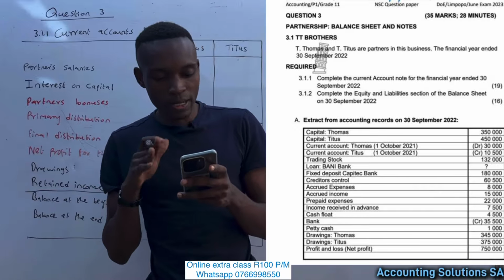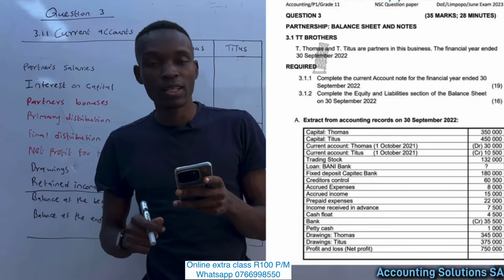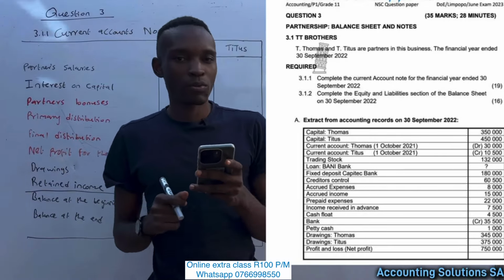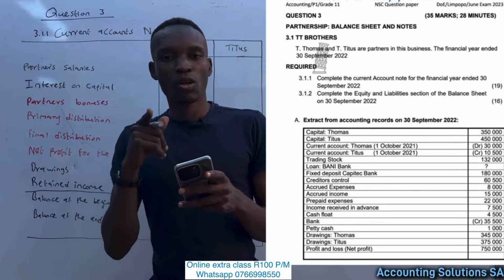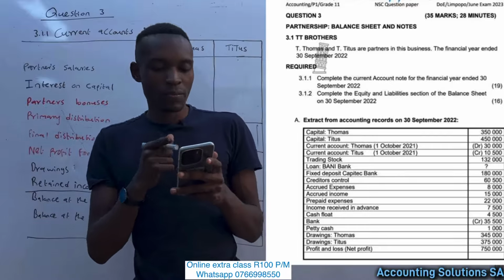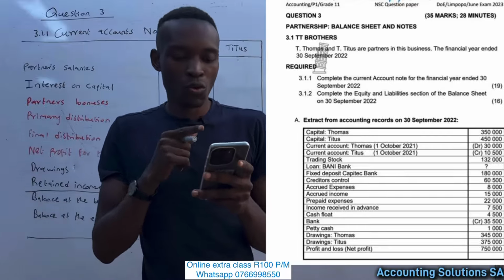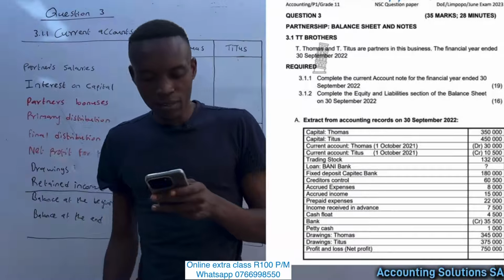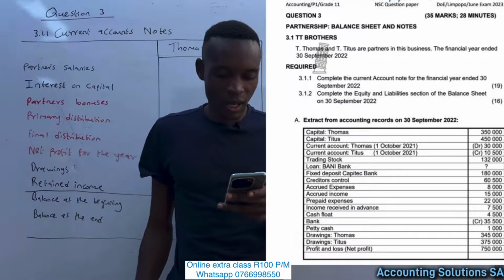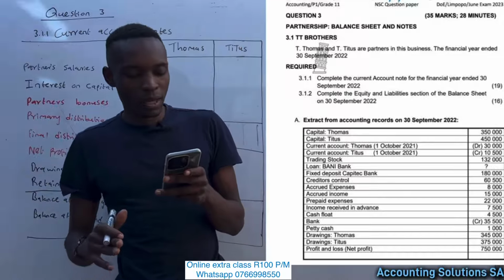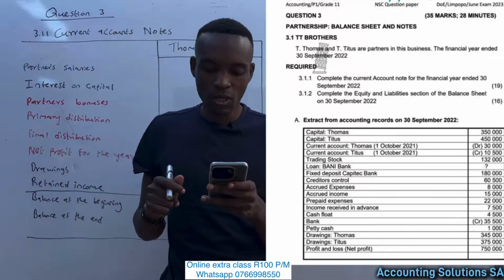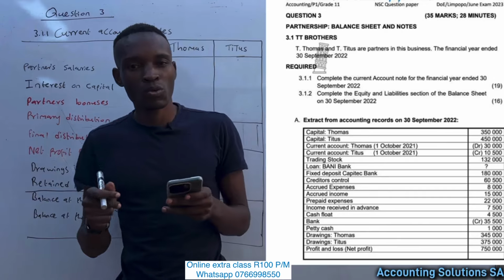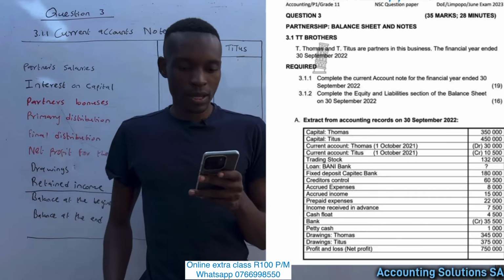They said complete the current account note for financial year end 30 September 2022. You need to check the comment section if you want to watch the 3.1.2 balance sheet of this question. Now we are given the first extract, which is from the accounting record on 30 September 2022. That is our year end.